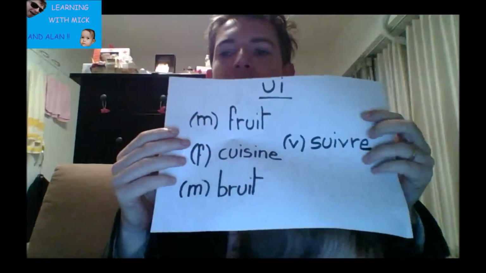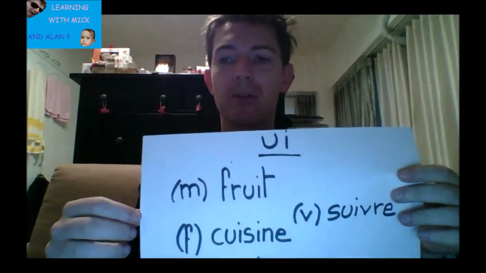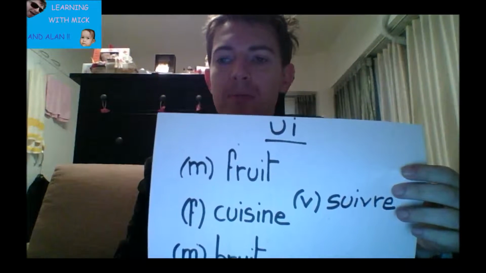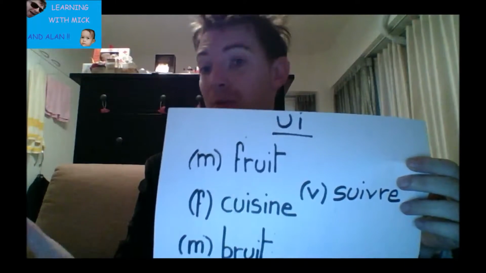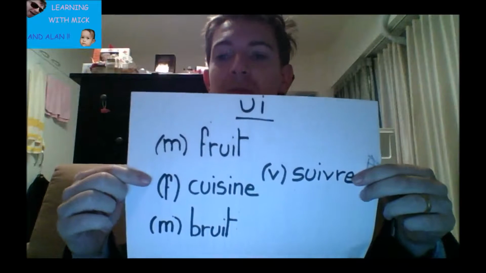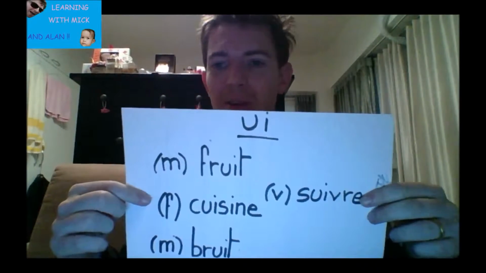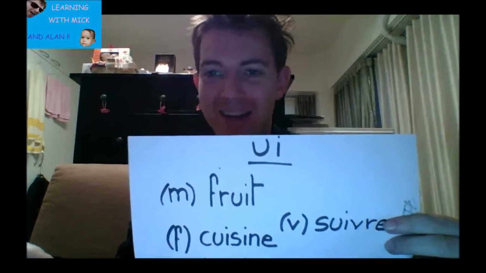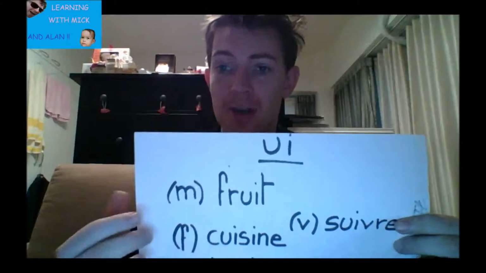Here there's a verb. It means to follow. Suivre. Suivre. Follow. Now this is something that you would pronounce in English, but this is with an English accent. We're talking French, so you have to say it with a French accent.